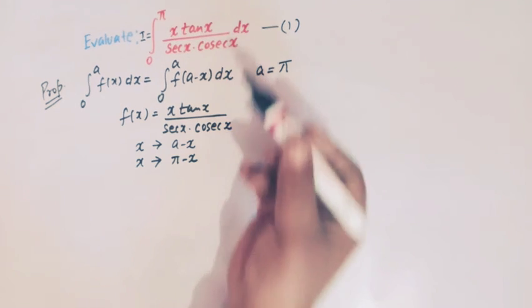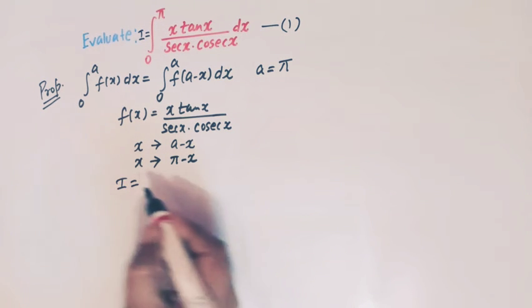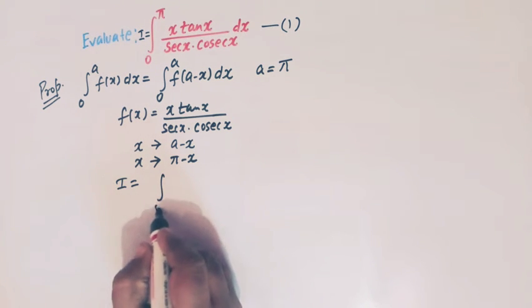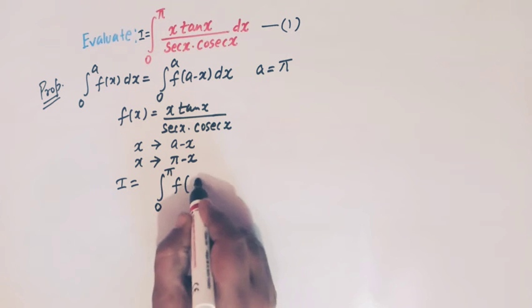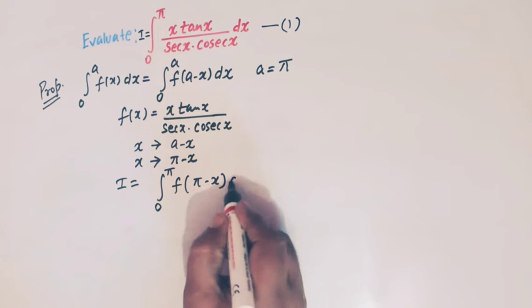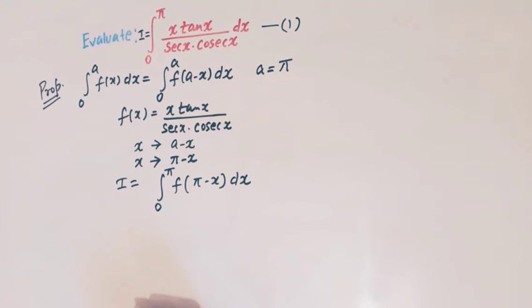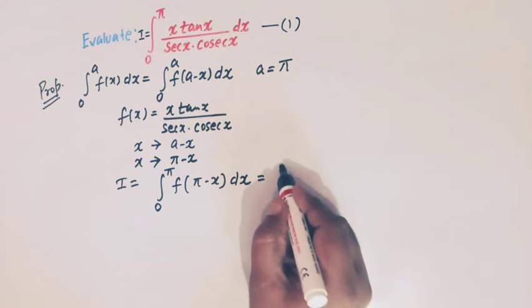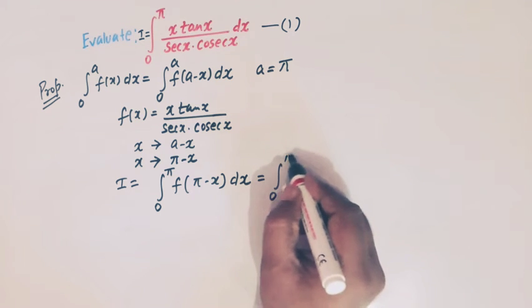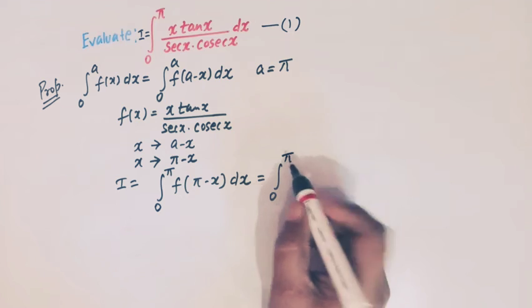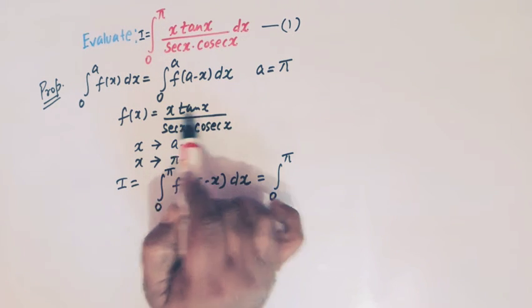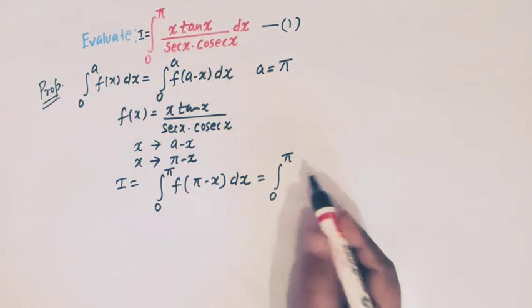So now I can be written as integral from 0 to pi of f of pi minus x dx, right? Now f of pi minus x is equal to, here we'll replace each x by pi minus x, right?